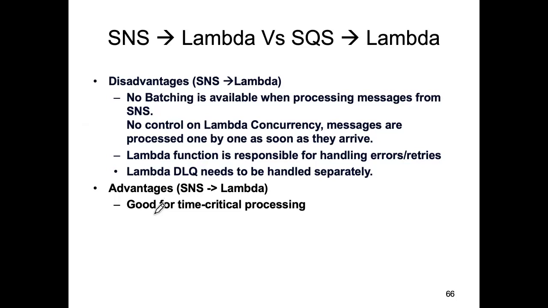So if the messages are related to some sort of time critical event and you want that event to be processed as soon as possible, then publishing the event into your SNS topic and having the Lambda a direct subscriber of it is probably the better option.